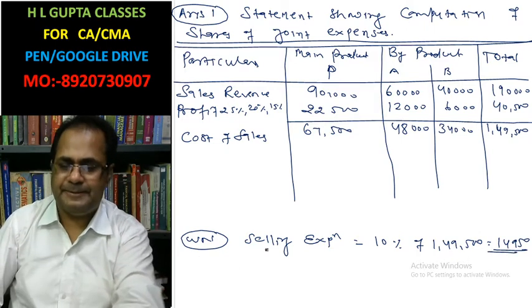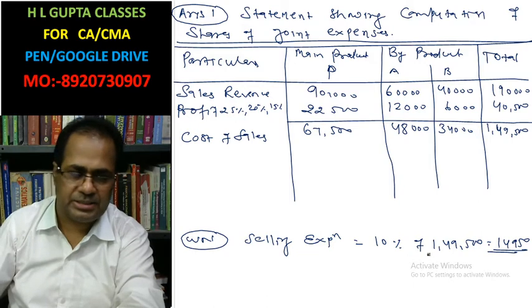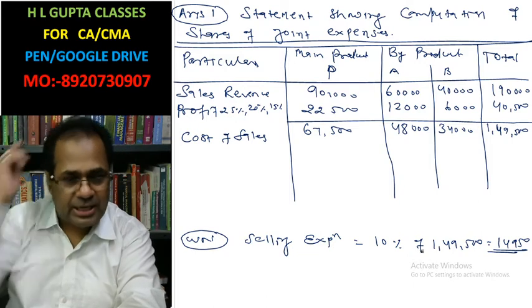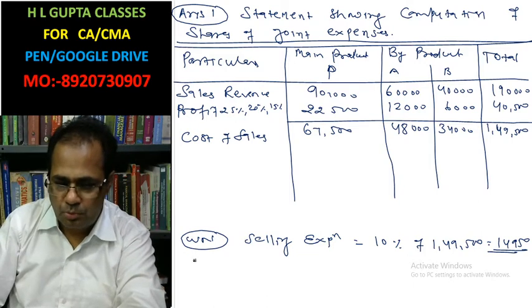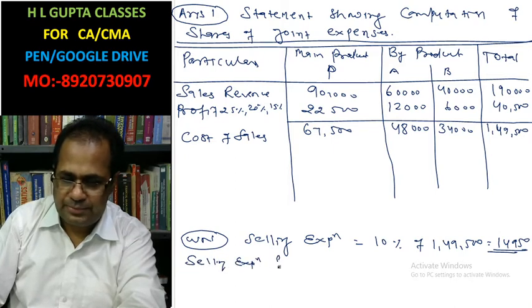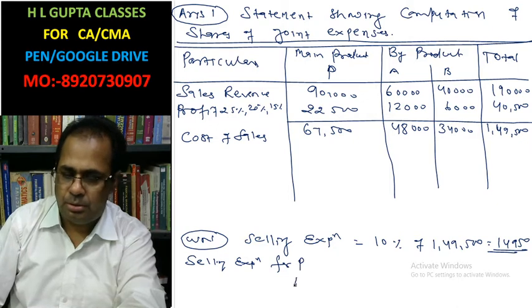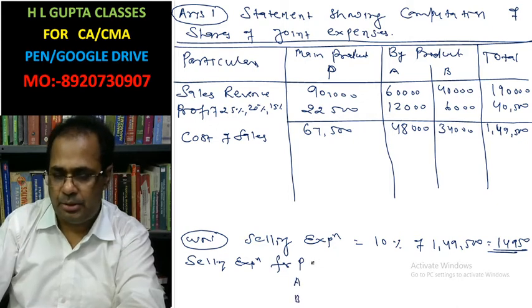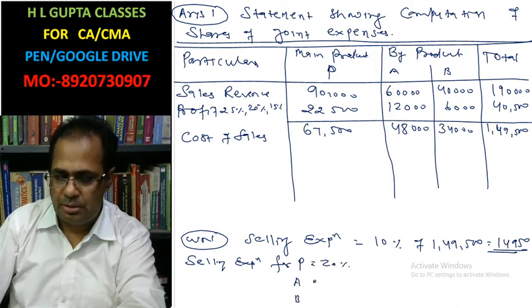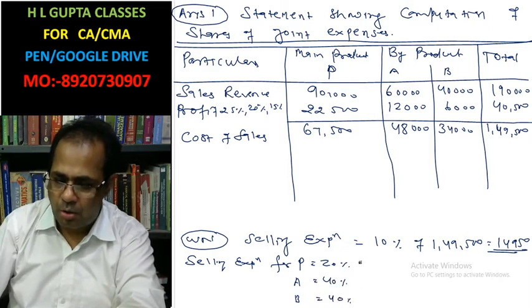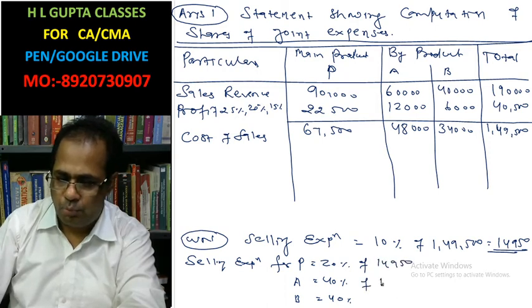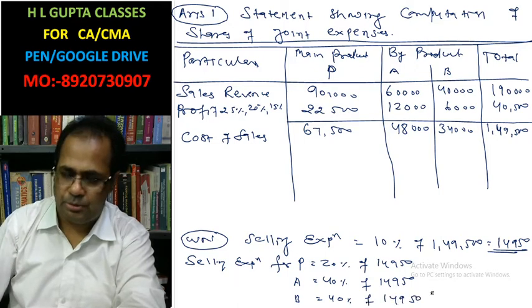In this case, selling expenses is this. Now the selling expenses for P, A, B are 20%, 40%, 40% of 14,950.